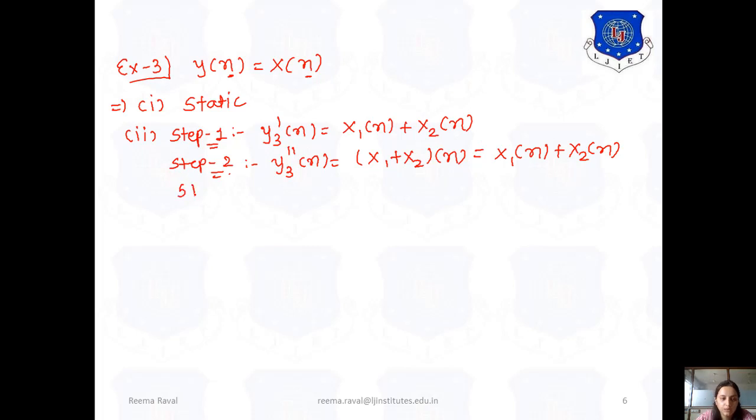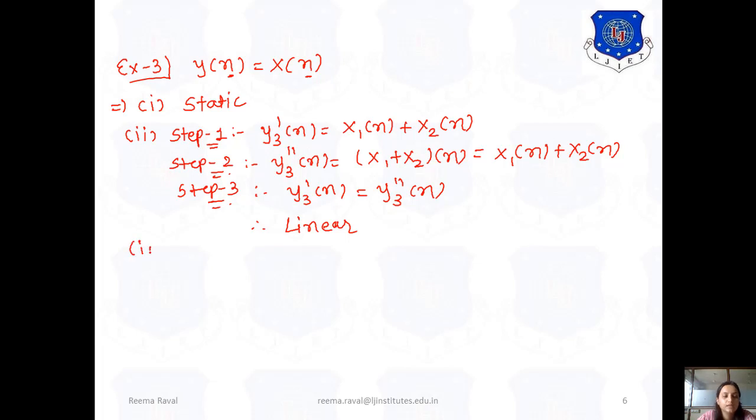Both of these are equal. So step 3: y3 dash of n equals y3 double dash of n. This gives us a linear system.